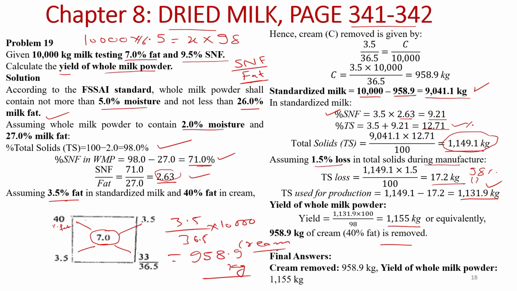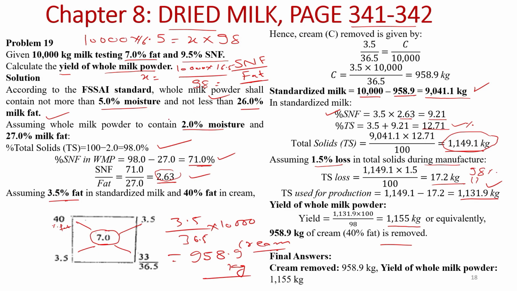So this way you can calculate the value of X. This is how to solve it very easily in one step. We have seen that TS is only converting into the whole milk powder, so the proportion will be the same. So 16.5 into 10,000 equals X into 98. So X is 10,000 into 16.5 divided by 98. This way also we can calculate.